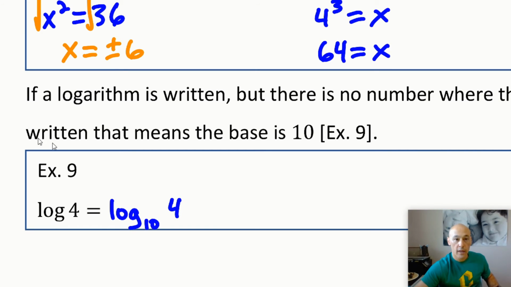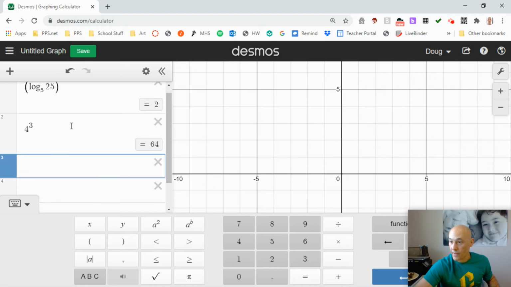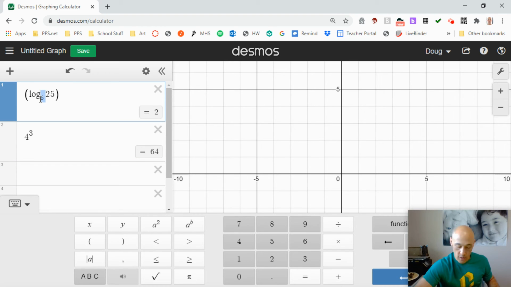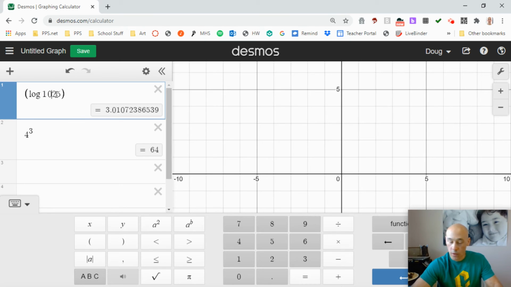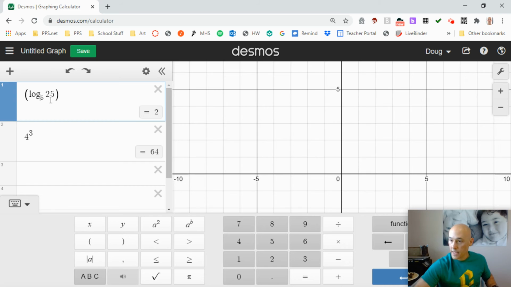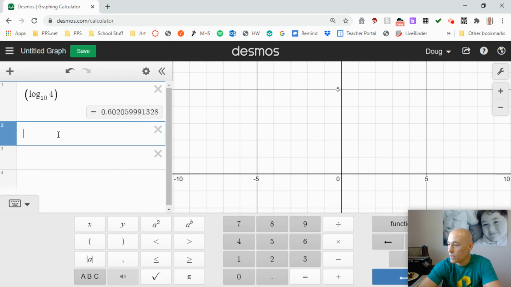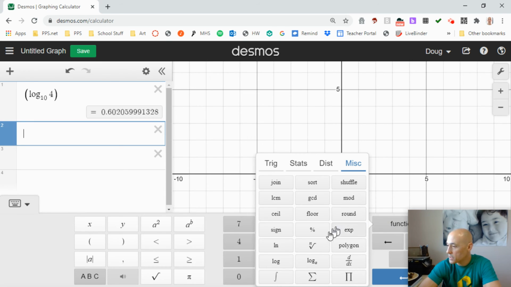So we could go to our handy dandy Desmos graphing calculator here and do base 10 of 4. And we get 0.6025.